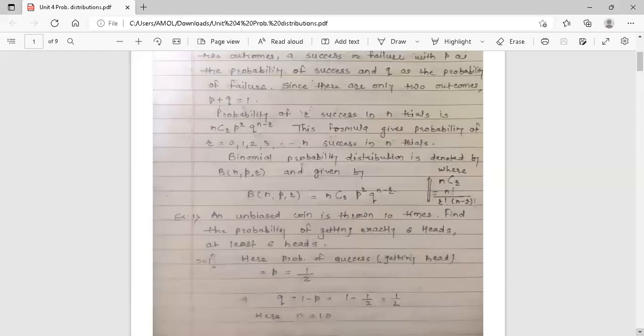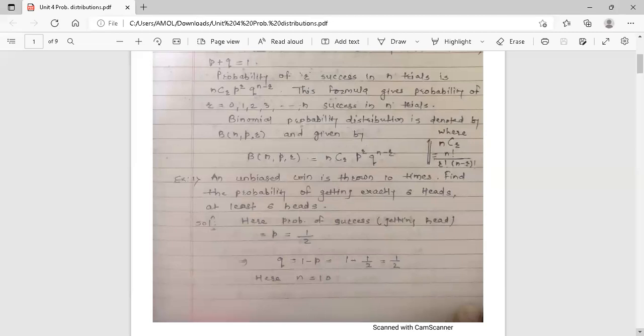Now see the example on binomial distribution. An unbiased coin is thrown 10 times. Find the probability of getting exactly 6 heads, at least 6 heads. Our aim here is to find the probability of getting exactly 6 heads or at least 6 heads.